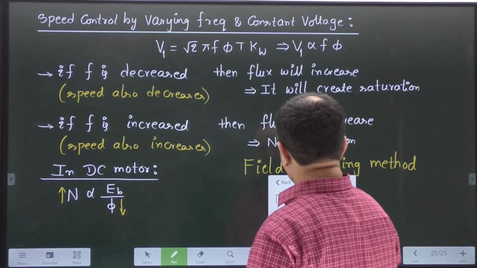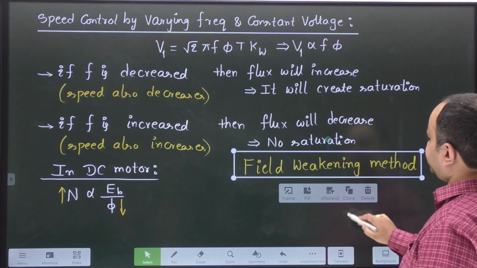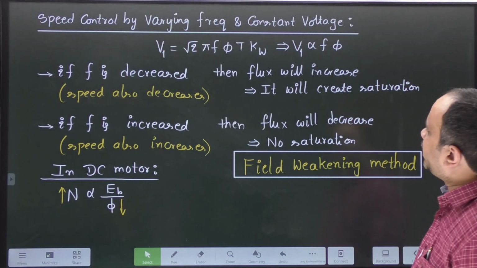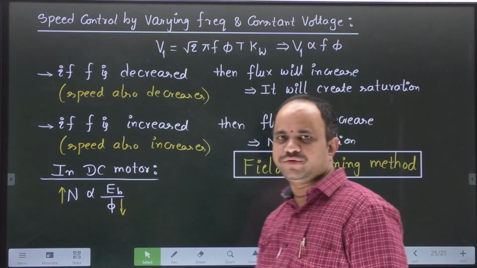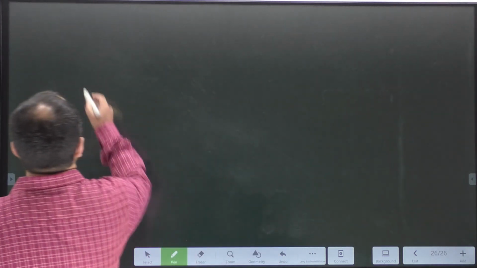Field weakening method. Okay. So, in case of constant voltage method, you have to increase the frequency, but you should not decrease the frequency. In this type of control, what type of torque speed characteristics we will get?